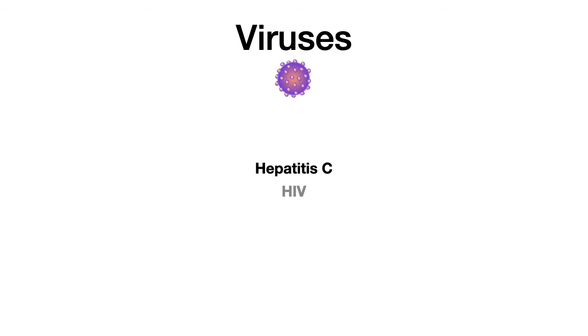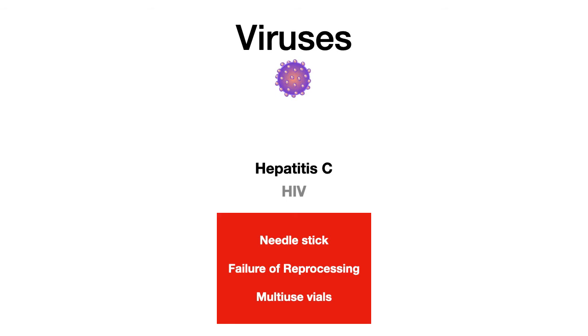HIV gets cleared with the regular processing, and scope related transmission of HIV has not been reported. So hepatitis C could happen with a needle stick injury, and if we fail to reprocess the scope properly, and with the use of multi-use vials.